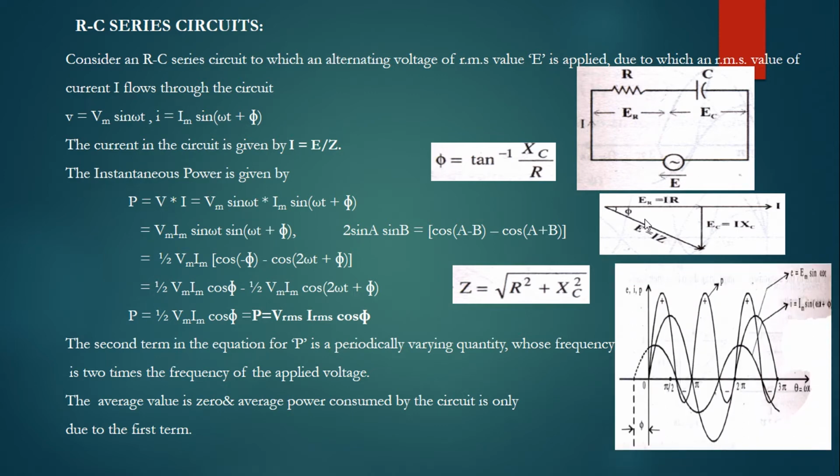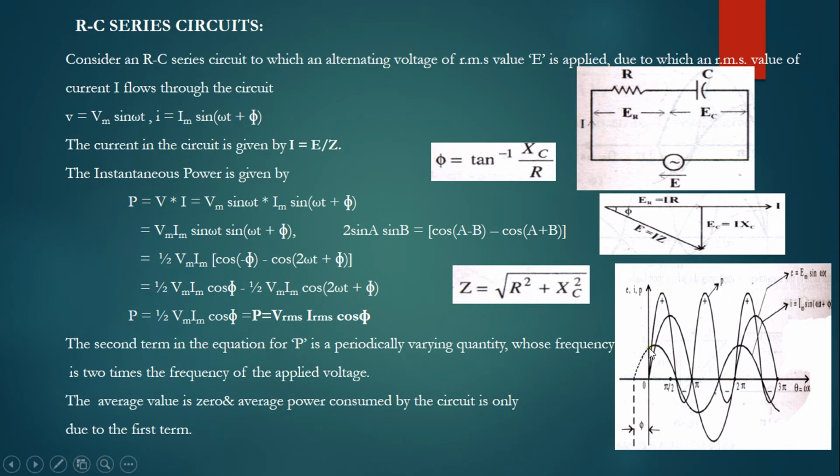So this is the power waveform. If we consider V is equal to Vm sin omega t, that is the solid one. Next is the current waveform, which leads. How do we draw the leading waveform? I already told you in class. V is equal to Vm sin omega t starts from 0 here, but I is equal to Im sin(omega t plus phi) is already started.